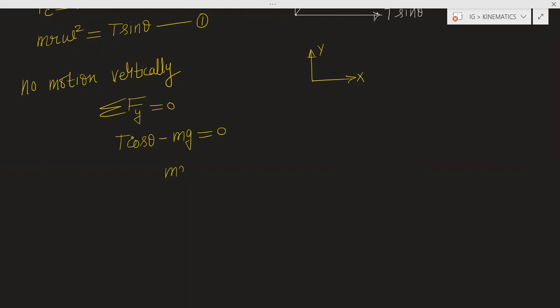So mg is equal to T cos theta. This is equation number 2.